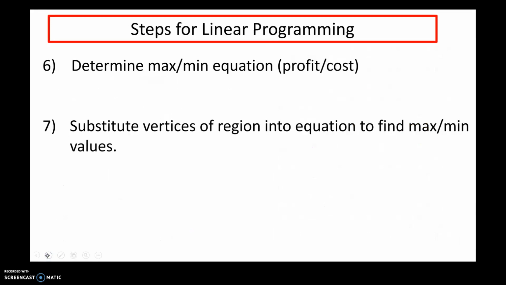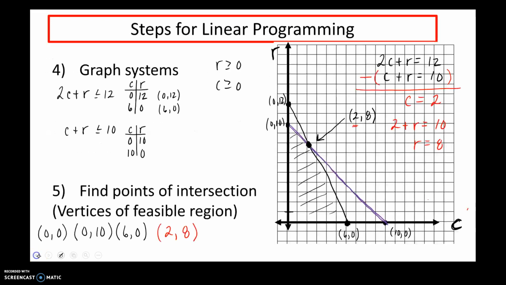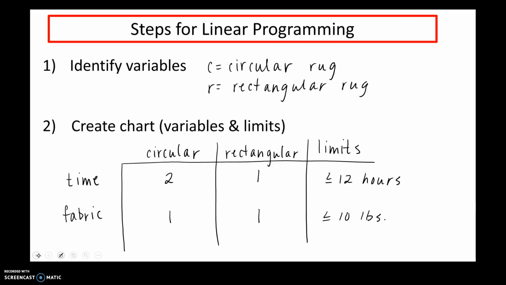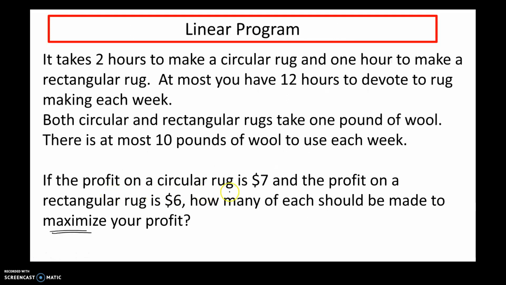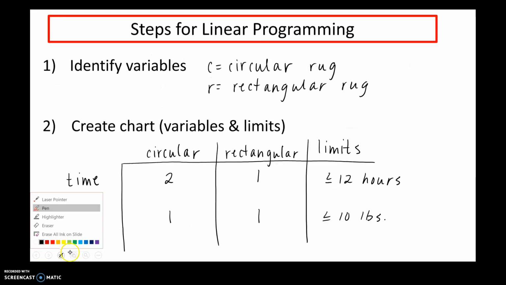Okay, so the next step, determine the max or min equation for either the profit or the cost. So let's go back to the problem. The profit on a circular rug is $7 and on a rectangular rug is $6. So how many of each should be made to maximize your profit? So we could actually add on our original chart a line for our profit.